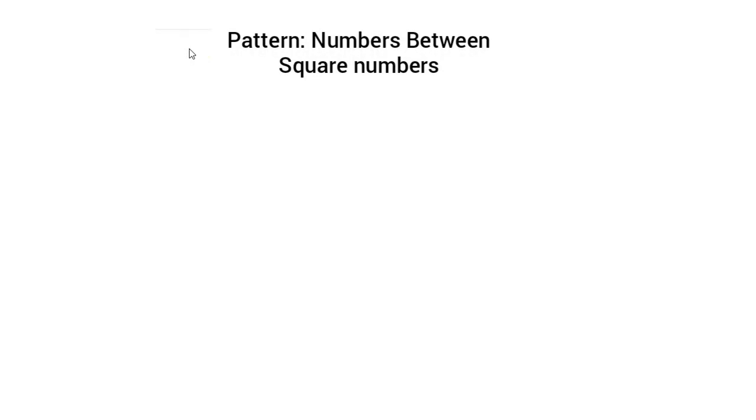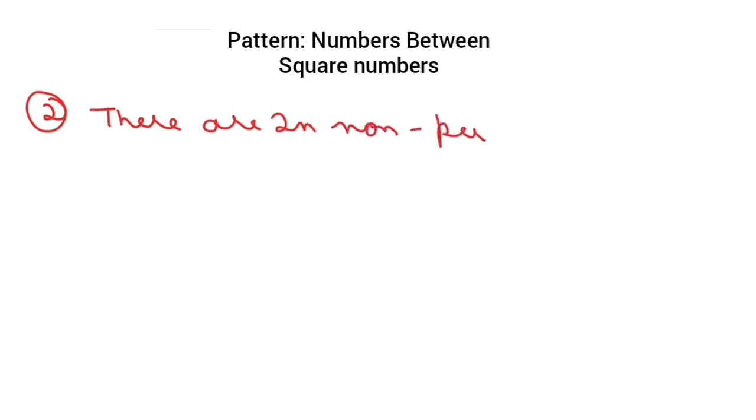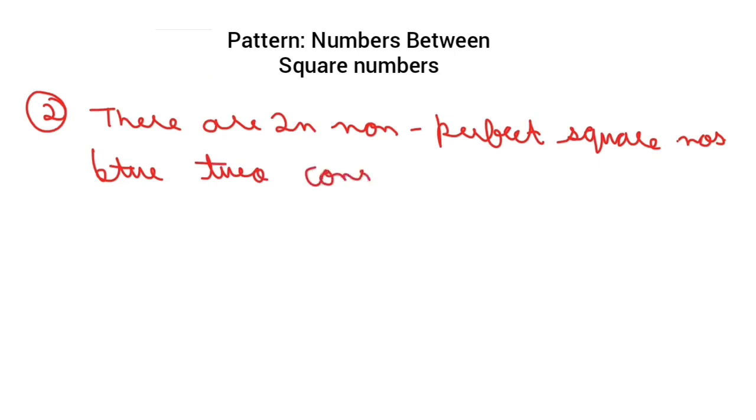As we have already learned about this concept, but now let's take up some example related to that. So the pattern was number between square numbers, and the concept was there are 2n non-perfect square numbers between two consecutive square numbers.